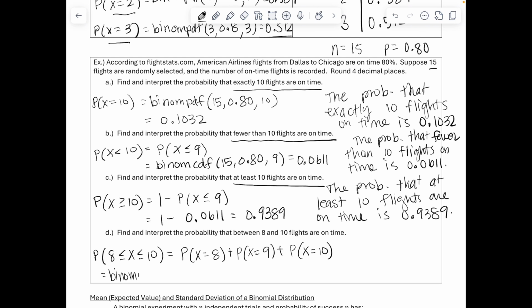So it's going to be binomPDF, 15 flights, 80%, the first one x is equal to 8, plus binomPDF, 15, 0.8, and 9, plus binomPDF, 15, 0.8, and 10.